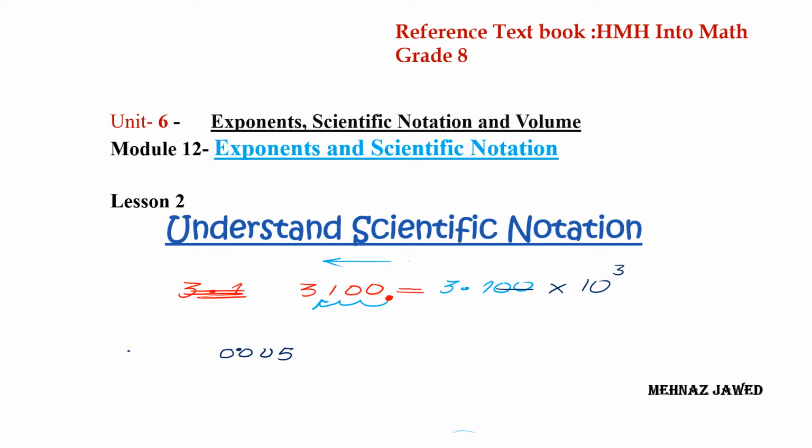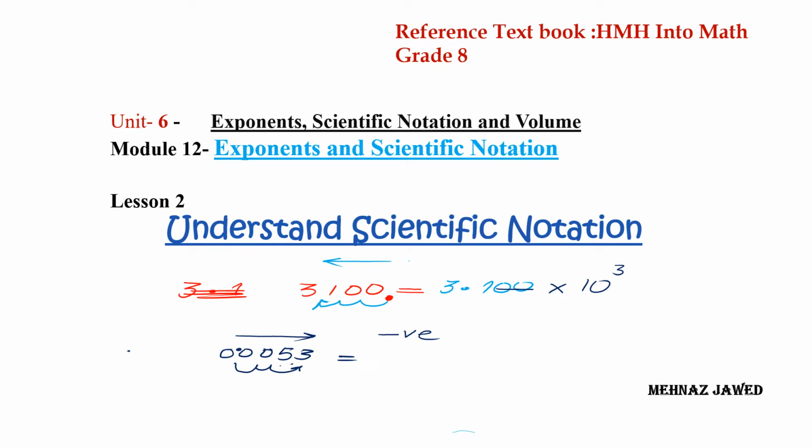This is my question, and I want to write it in scientific notation, which means I have to move to the right. When I move to the right, my power will be negative, and I have to move up till the first digit. The first digit should be between 1 and 10. It cannot be 10. 1, 2, 3.